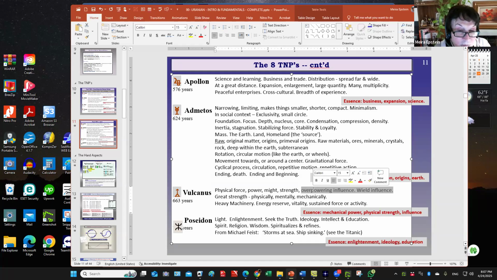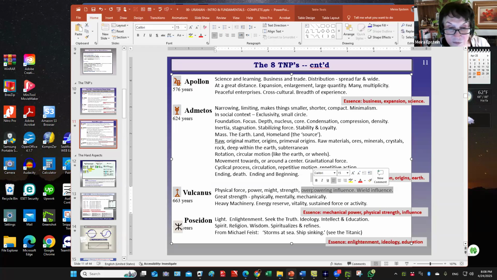Actually, one of my students, you don't know her, that's exactly what she does. She's an influencer, and Vulcanus is so strong in her chart with the Aries point and so on. So what's this influence? It's the kind of influence that's not necessarily by twisting one's arm, not applying physical force.